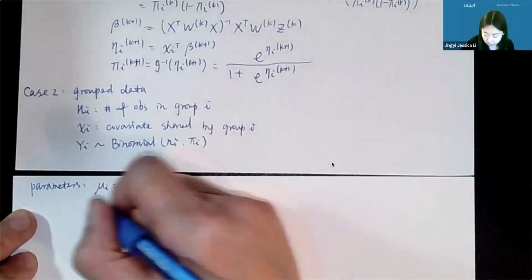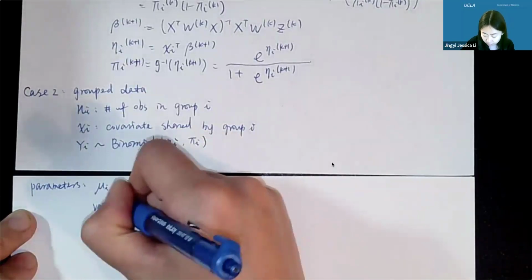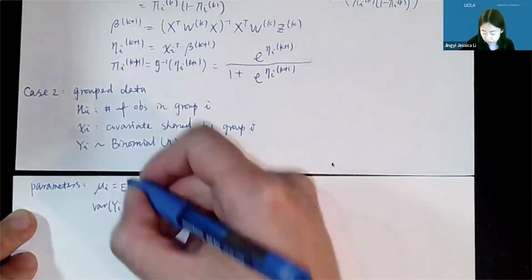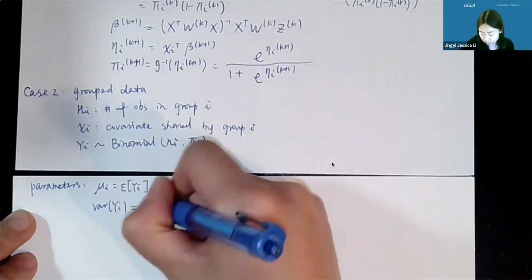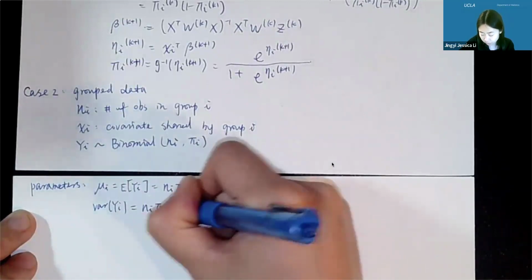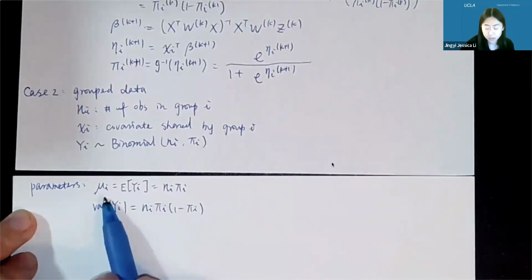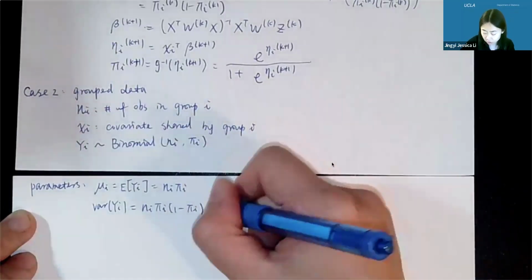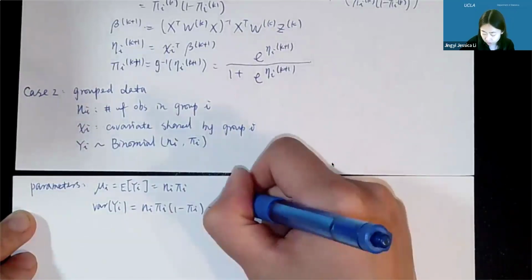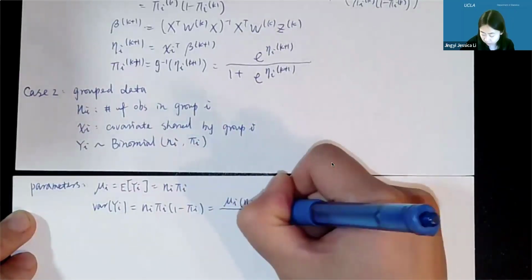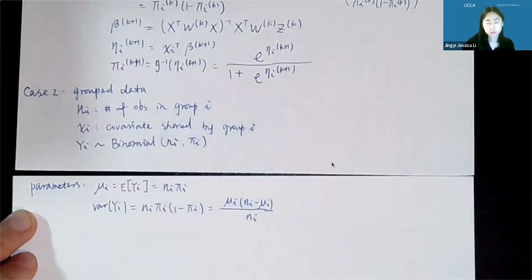And for the variance of y_i, which is what we also need for w_i, for the weights, is n_i times pi_i (1 minus pi_i). And if we want to write it in terms of mu_i, it's actually mu_i (n_i minus mu_i) divided by n_i. The reason is that mu_i is n_i times pi_i.